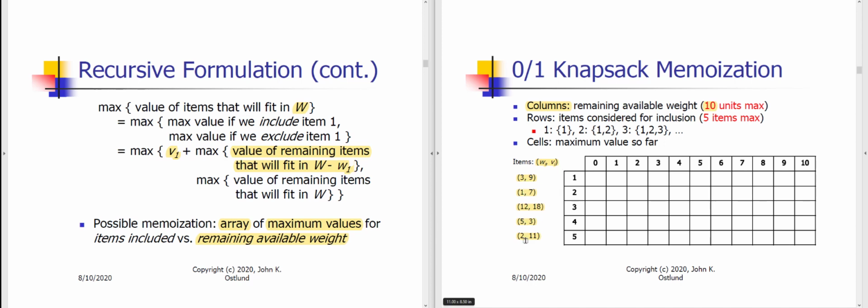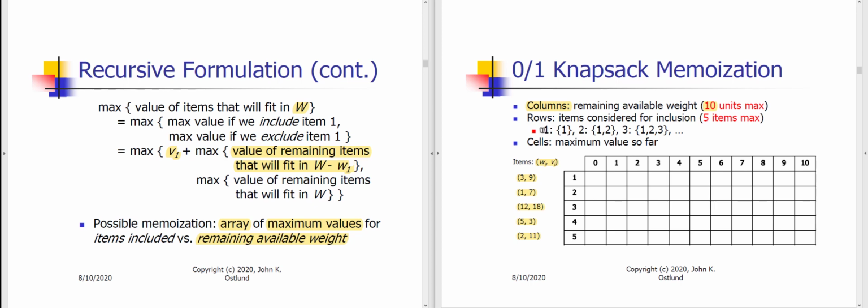All right, now as we go through these rows, we're not considering the items independently of each other. We're considering the items as an increasing possible set of items.